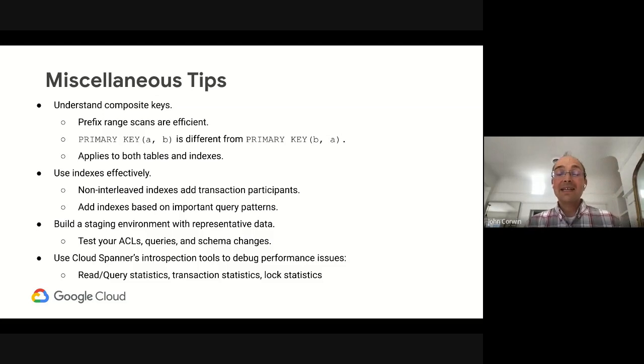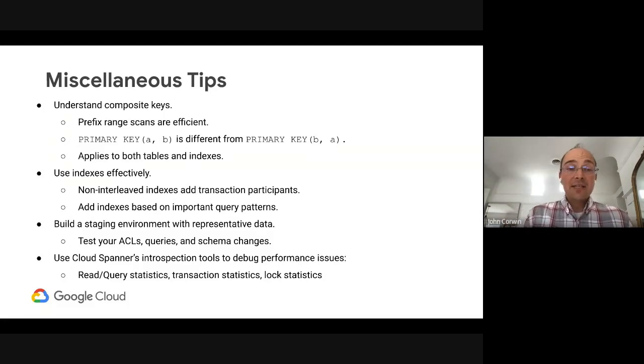This also applies to indexes, right? So the order that I specify my index keys is also very important. On the topic of indexes, using indexes effectively is very important. Because Spanner is a distributed system, when I add lots of indexes, the expense of writing to my table can often be surprising, oftentimes more than other databases.